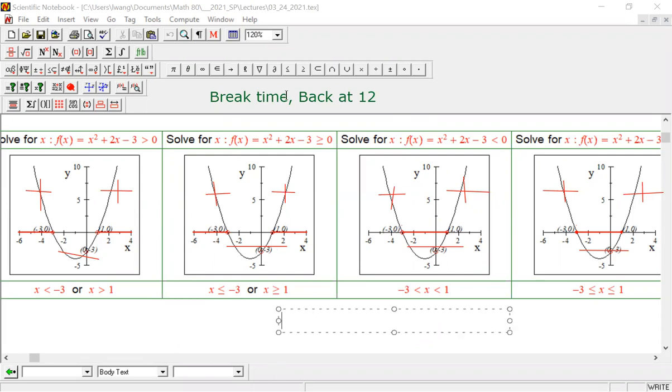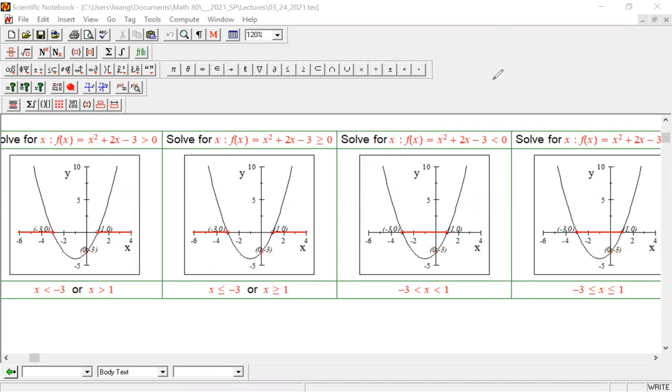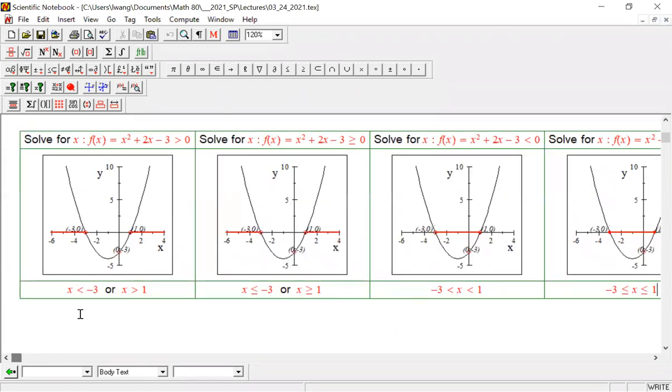So far, so good. All right, so let's move forward. Now, let's look at the remaining 4 questions in this section. Number 23. It says solve for x, where x squared plus 2x is larger than 3.